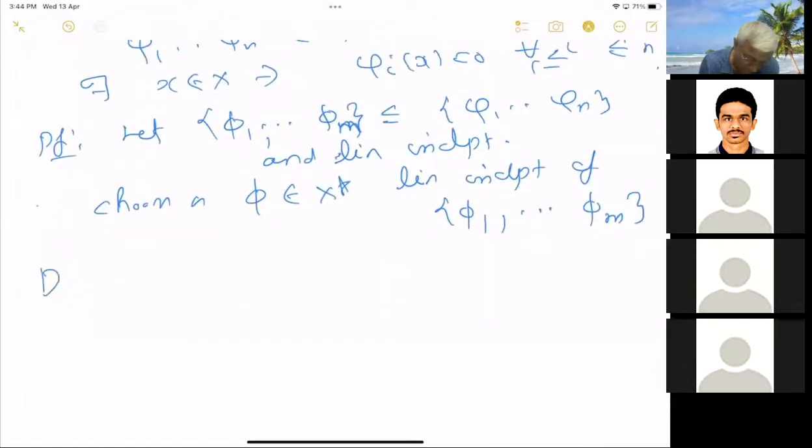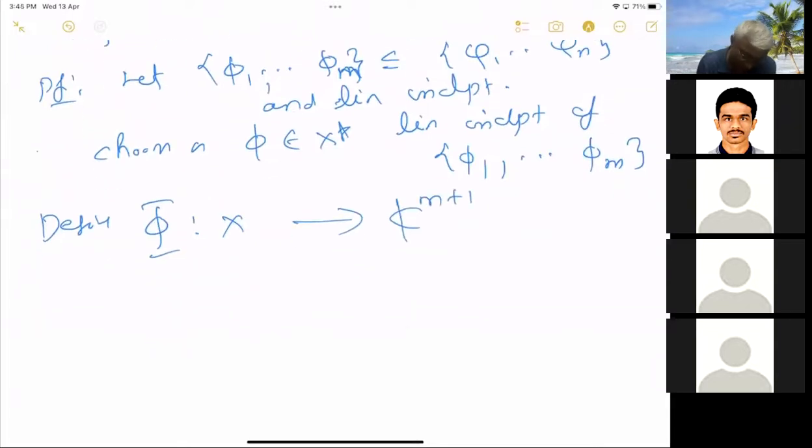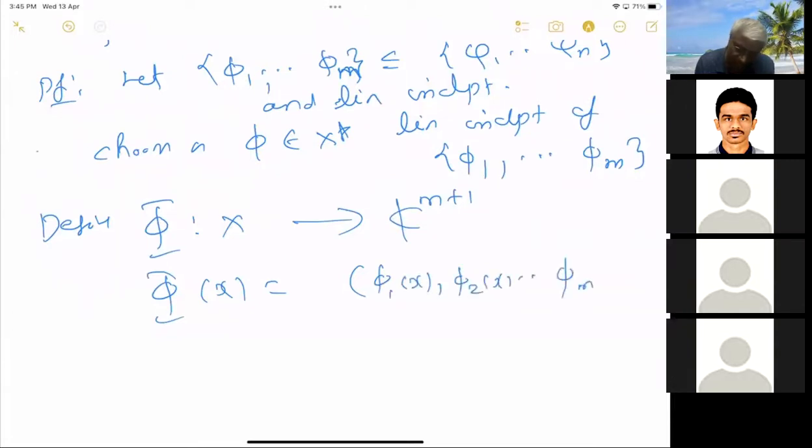Now you define the map phi from X to C^(m+1) by phi of x equal to the (m+1)-tuple phi1 x, phi2 x, up to phi m x, and then phi of x.